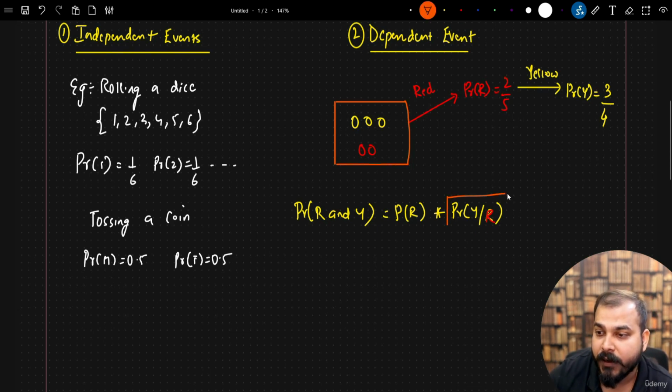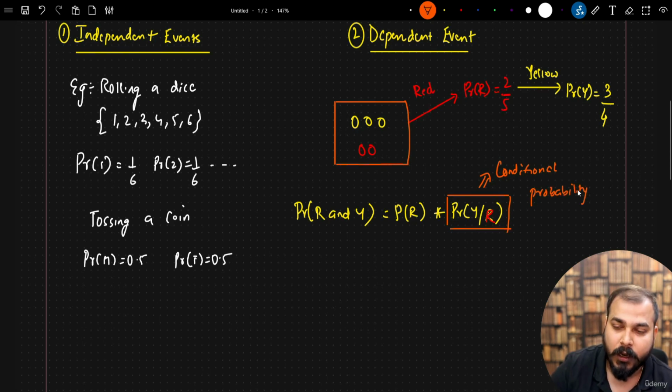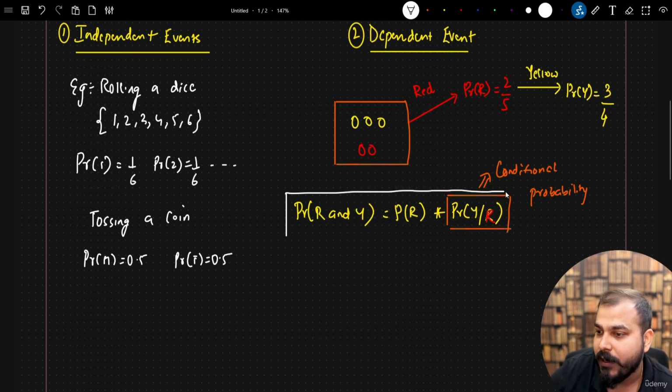This formula that we see is called conditional probability. Super important.